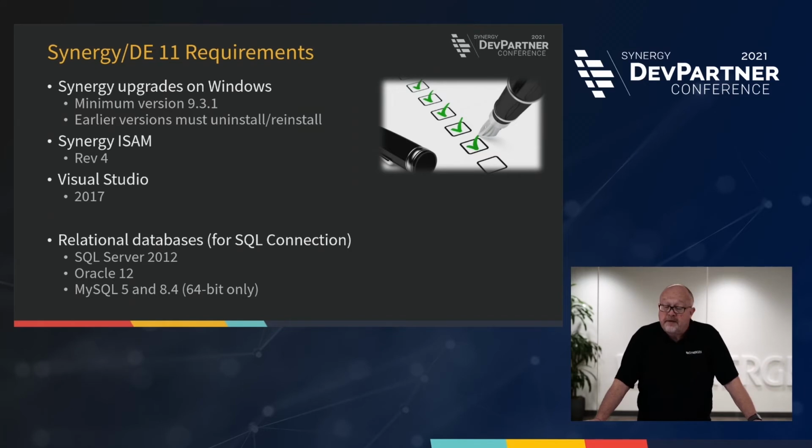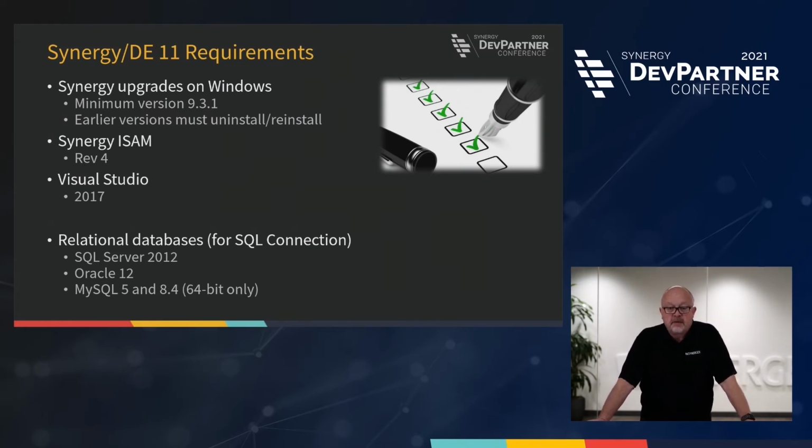It's not available to you if you're in ISAM Rev 4, but you just need to get up to Rev 6 to take advantage of all of those latest and greatest tools and performance. And the minimum Visual Studio we currently support is Visual Studio 2017, although that's going to change soon.